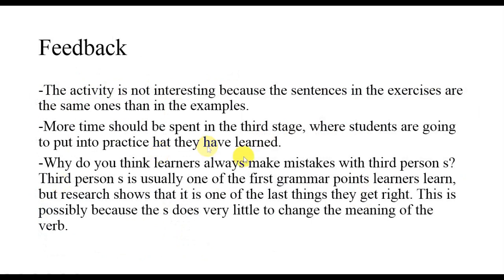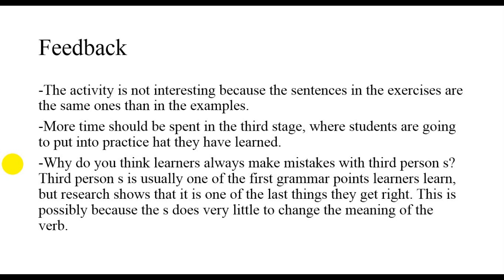So this is a question that was asked, and I think it's very interesting, and that's why I decided to add it here. Why do you think learners always make mistakes with third person s? Third person s is usually one of the first grammar points learners learn, but research shows that it is one of the last things they get right. This is possibly because the s does very little to change the meaning of the verb.